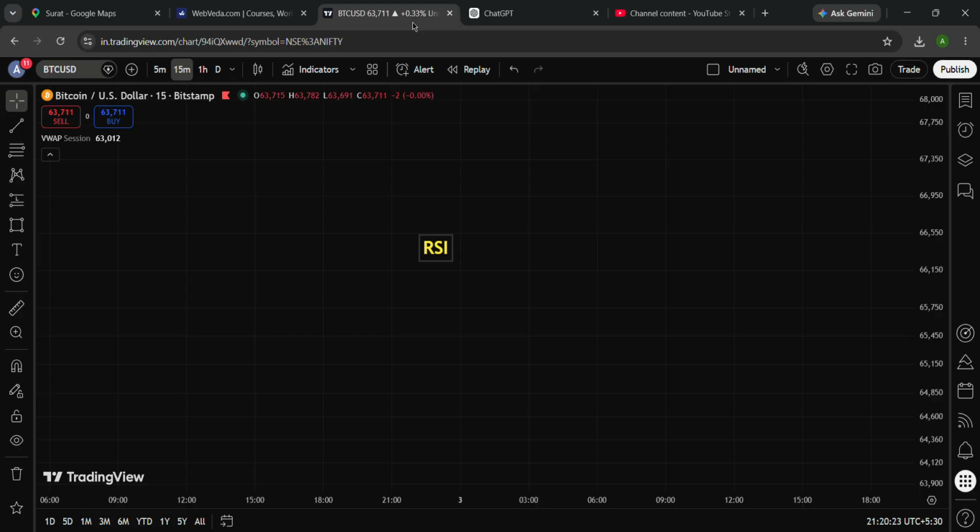I have to give you a disclaimer because we were talking about indicators. An indicator just gives us an indication that the price could move there, or the price could fall from here, or the price could rise from here, but it never gives you confirmation.